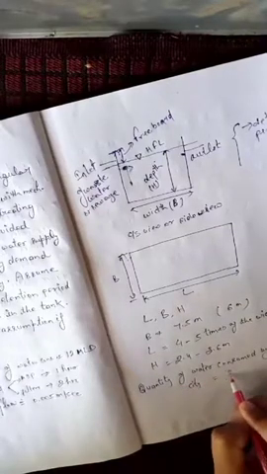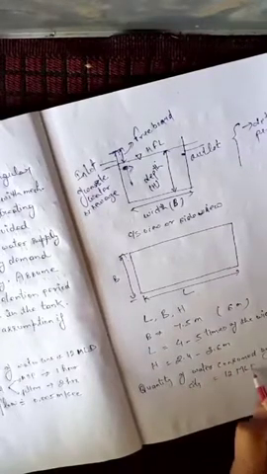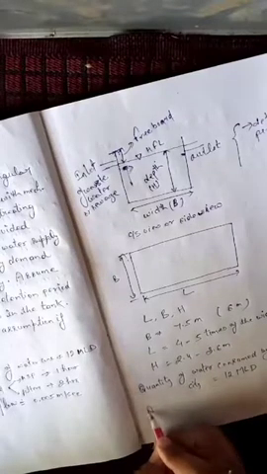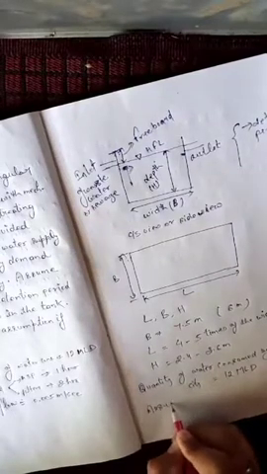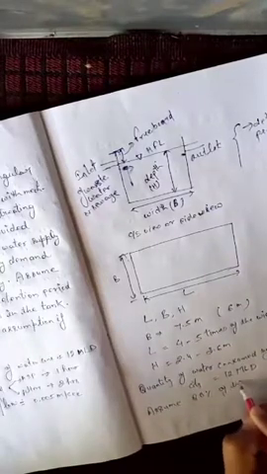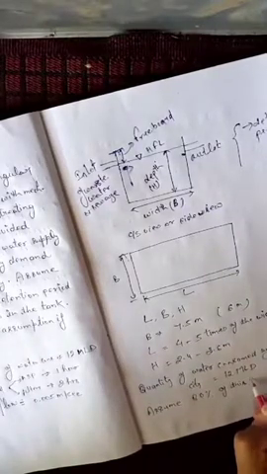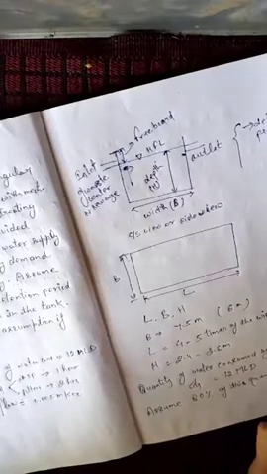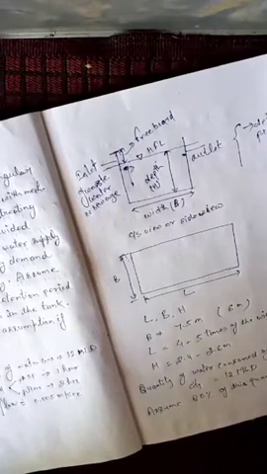That is 12 million liter per day. We assume that 80% of this quantity will convert into sewage.